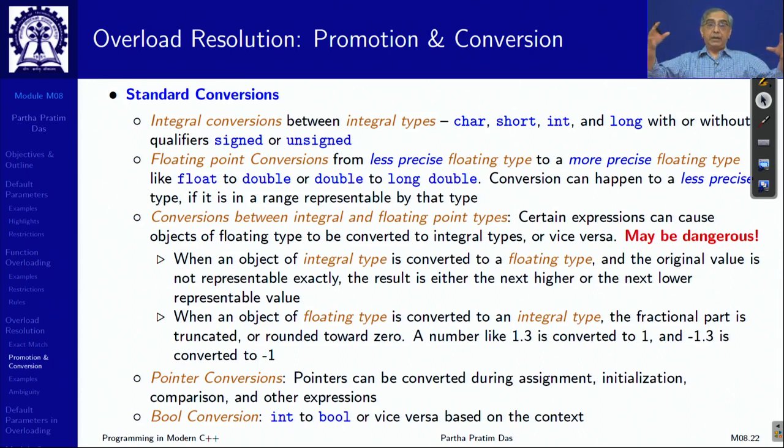When I do that from less precise like float to more precise like double, there will be no issue. But if I want to do the reverse, then it may not always be possible, because the more precise type has a bigger range of possible numbers. I can convert pointers, and I can convert bool to integer.